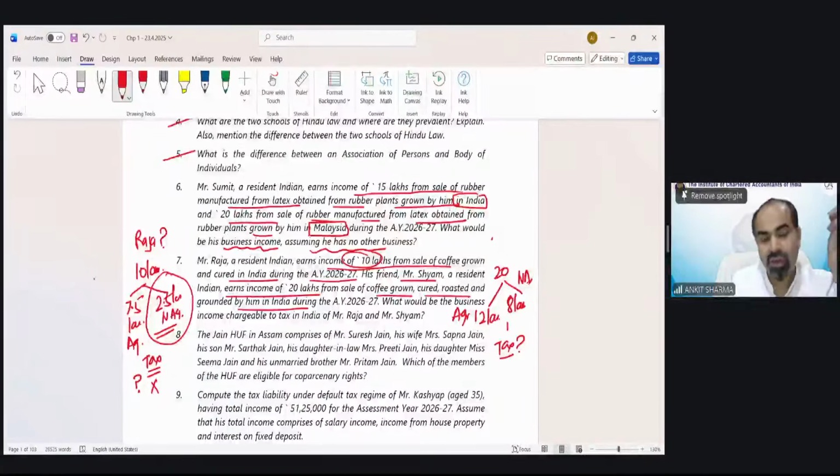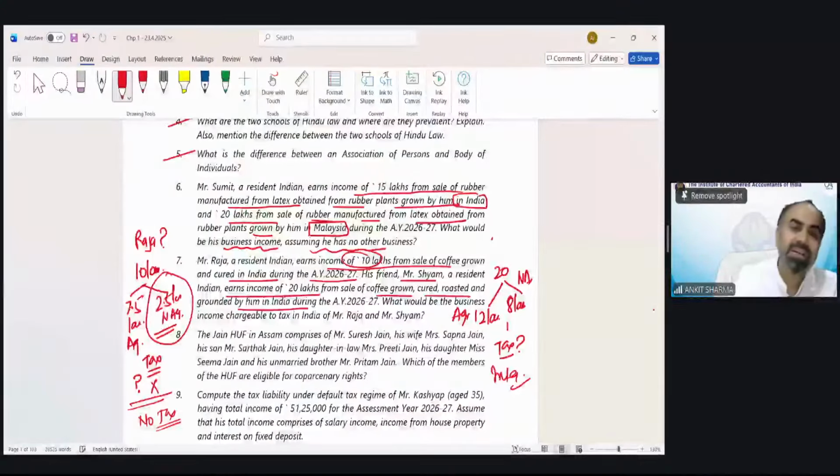So if the question asks you to calculate the tax, the integration provision would not be applicable, there would not be any tax. But in the second case, of course, the integration concept is going to be applicable. So always check before calculating tax whether integration is applicable or not.